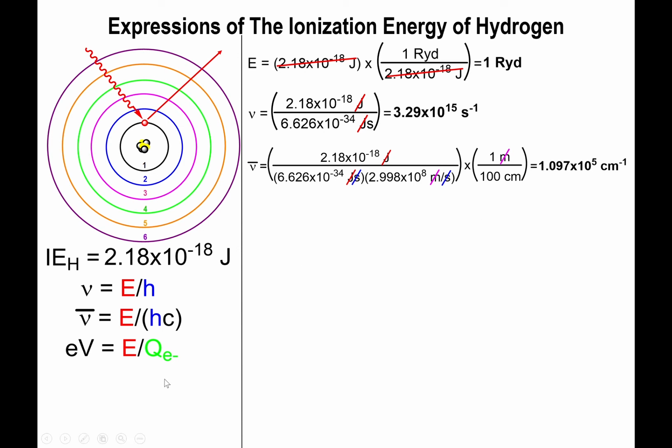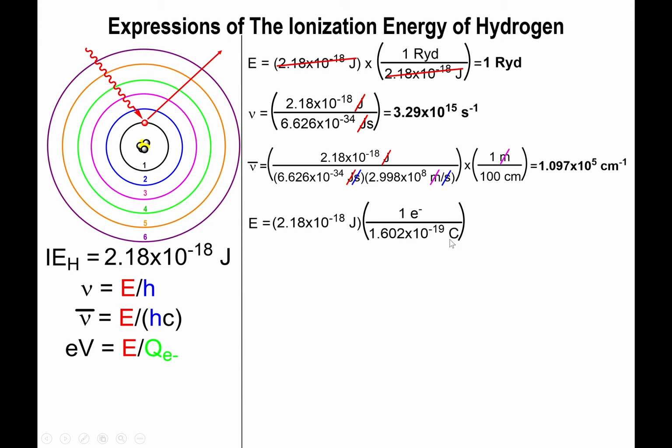Another one that's quite often used, specifically in physics, is the electron volt. The electron volt is an energy associated with the charge of the electron as it goes through 1 volt worth of potential. Right here, we can divide 2.18 times 10 to the negative 18 by the charge of the electron, which is 1.602 times 10 to the negative 19.